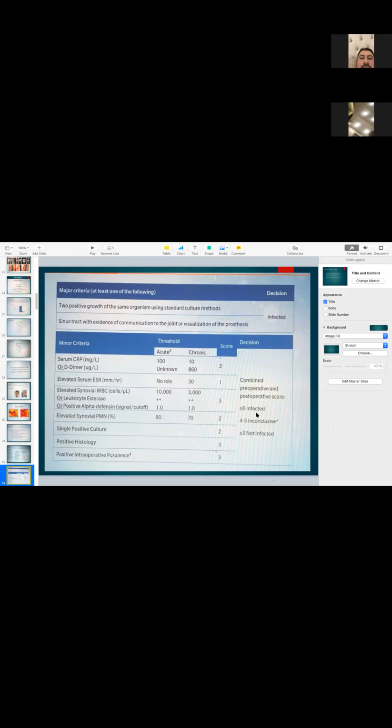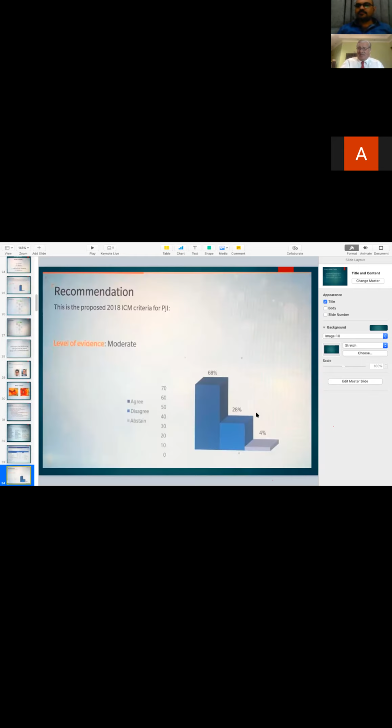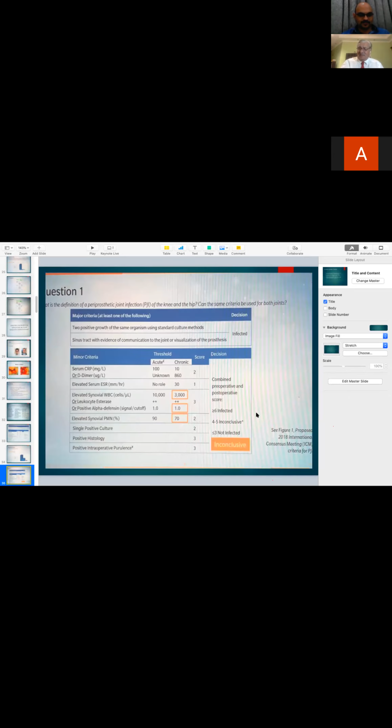Below 6 is a query. Below 3 is not infected. 3 to 5 is a query. 6 and above is infection. This was recommended by about 70% of all the scientists. In Philadelphia, the new definition concentrates on three things: leukocyte esterase, alpha-defensin, and also D-dimer.